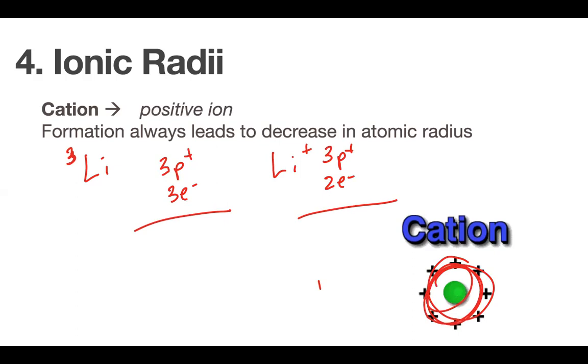Positive and negative attract, so for every proton you're attracting an electron. But with a lithium ion, you only have 2 electrons feeling the same pull from 3 protons, so now you've got more than 1 positive per electron. The electrons get pulled in a little bit closer towards the nucleus.